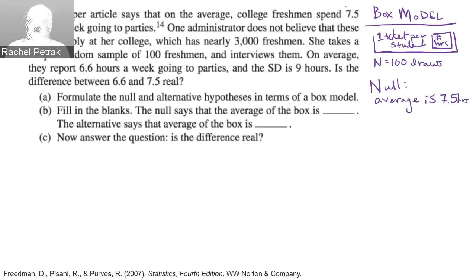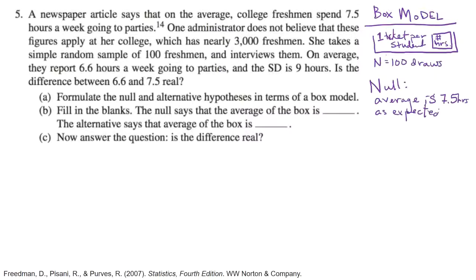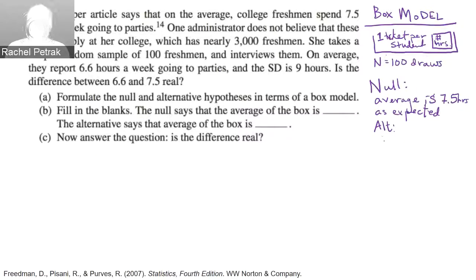We have this expected value based on the article. And our alternative hypothesis says that the average is less than 7.5 hours.